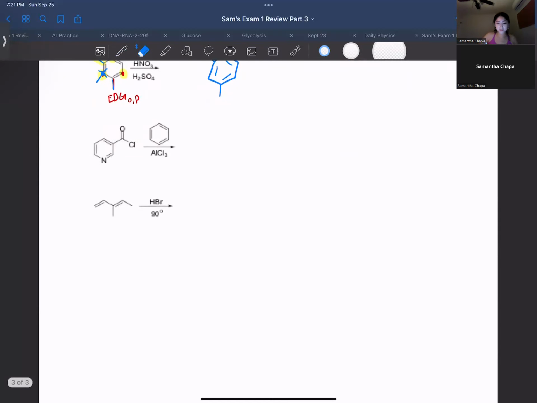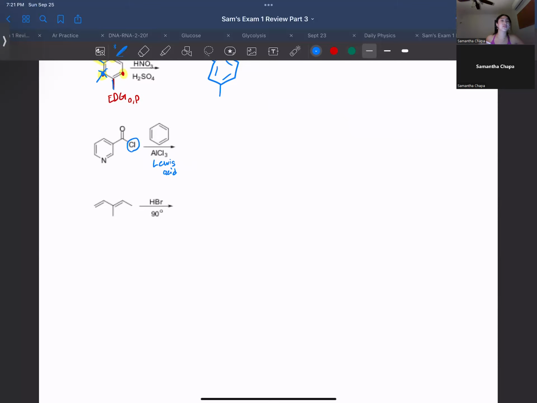This next one is one of the ones that I made sure to really look into before my exam. So in Friedel-Crafts, there's a couple of exceptions. This is going to be my Lewis acid, and we look for our Lewis base now. And we usually say this is our Lewis base, but we have a nitrogen group right here.